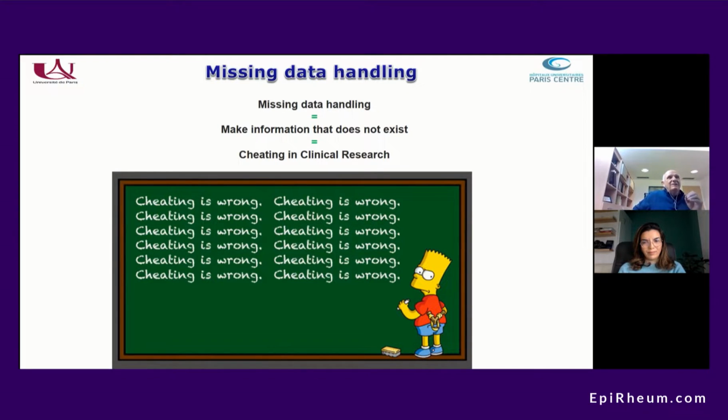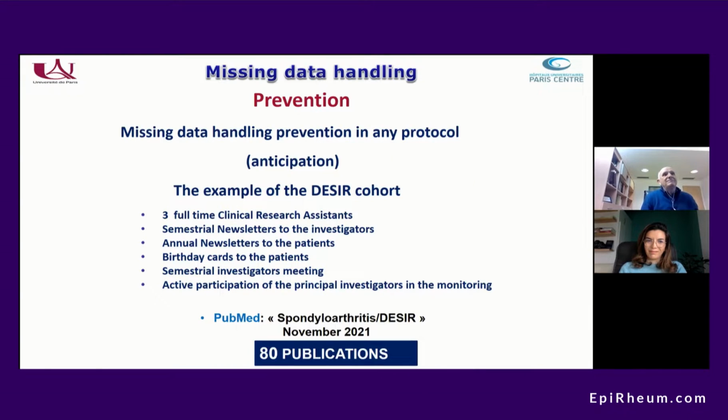In fact, we are making an information that does not exist. And making information that does not exist is cheating. And cheating in clinical research is prohibited. It's clear. So I don't know how to handle without cheating. So the best way to do is to prevent.